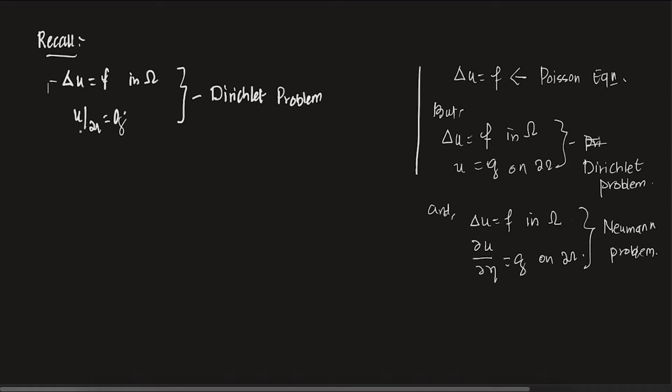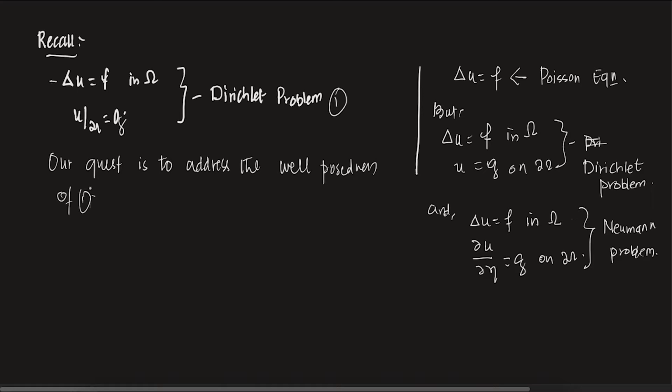Now the point is this: we want to solve this equation. You remember, given an ODE, what are we trying to do? Our quest is to address the well-posedness of this problem.